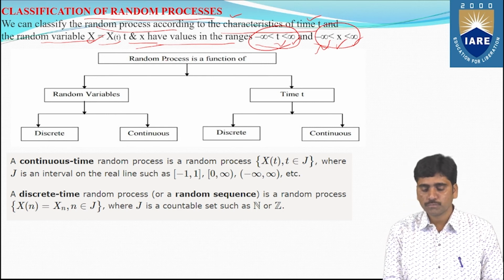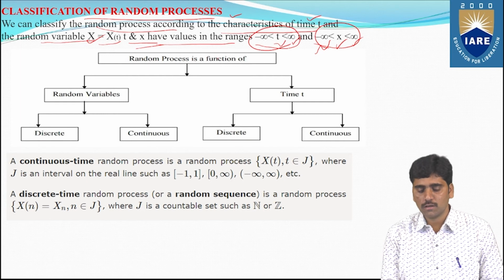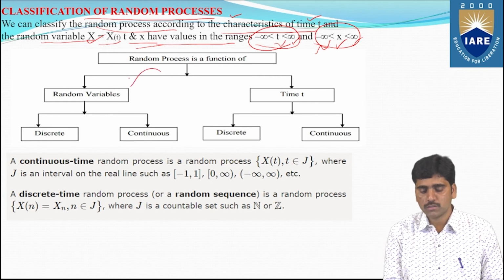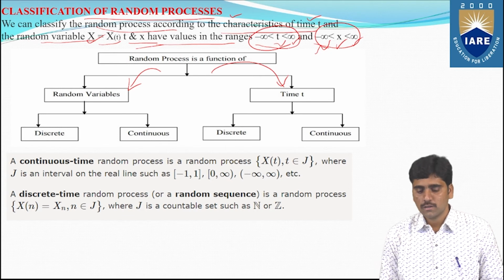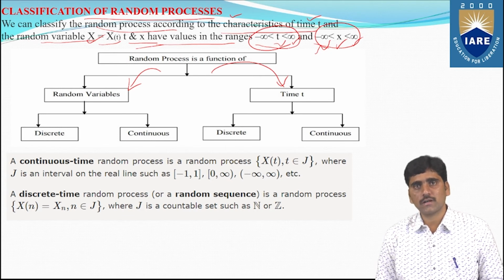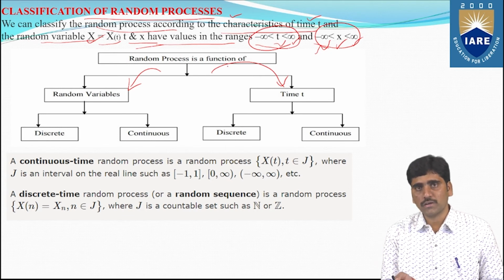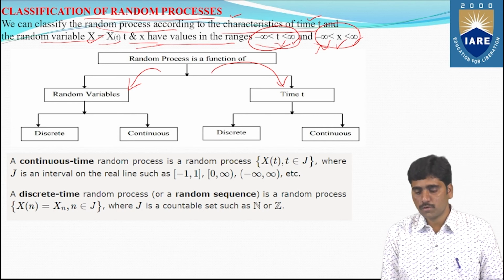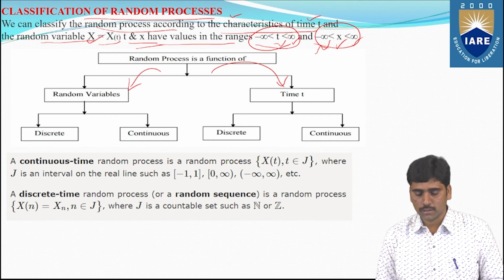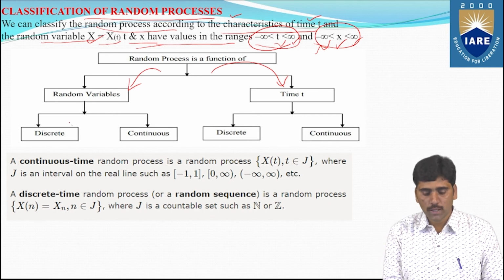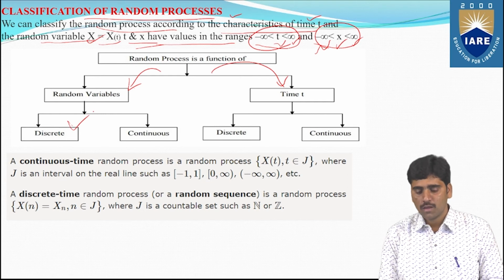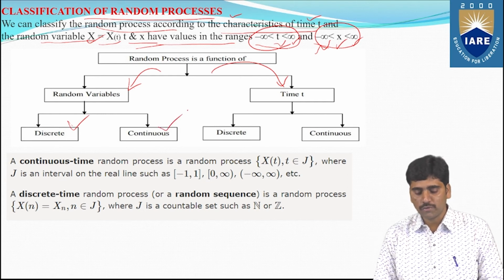So see here, the random process is a function of random variables indexed by the time t. That is what we discussed in the previous slide, right? So a random process is a function of a random variable indexed by the time t. Random variables are classified into two types. One is the discrete random variable and the second one is the continuous random variable.